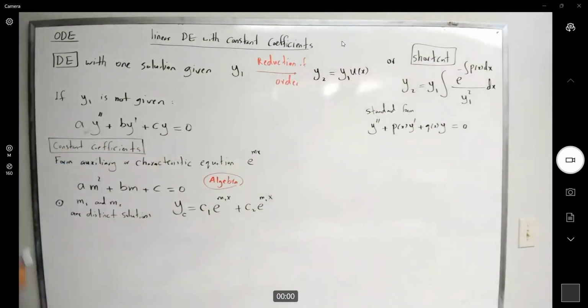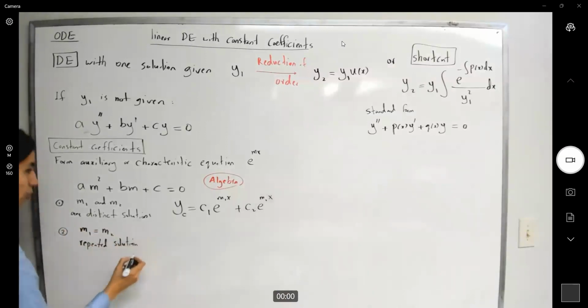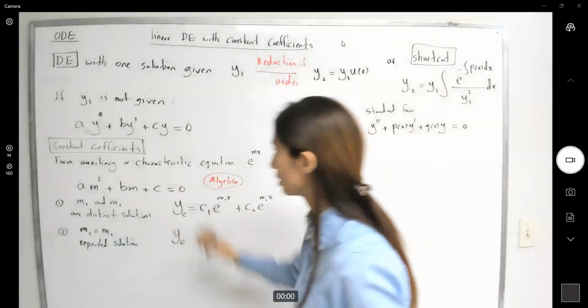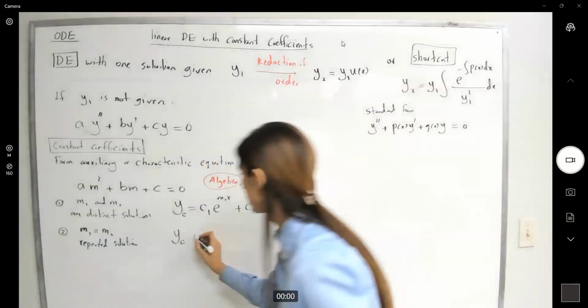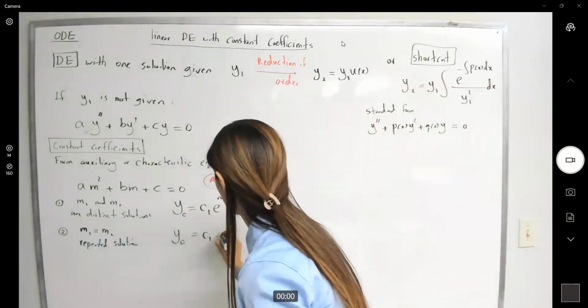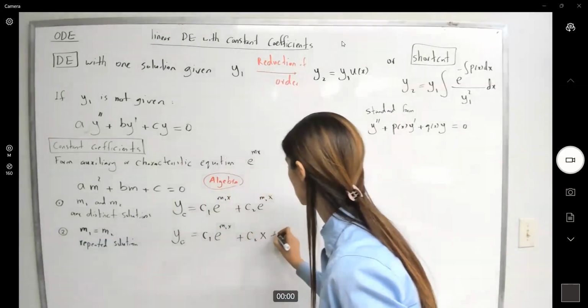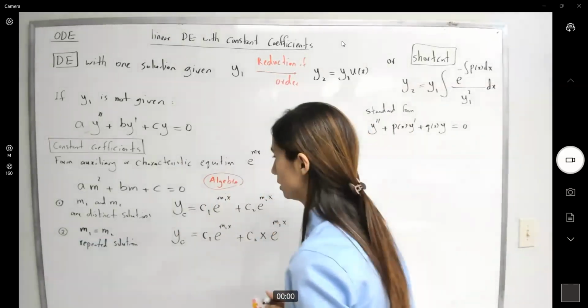The second case was that you have a repeated solution, m1 equal to m2. In this case, the general solution for the homogeneous differential equation is equal to c1 e to the m1 x plus c2 times x e to the m1 x.